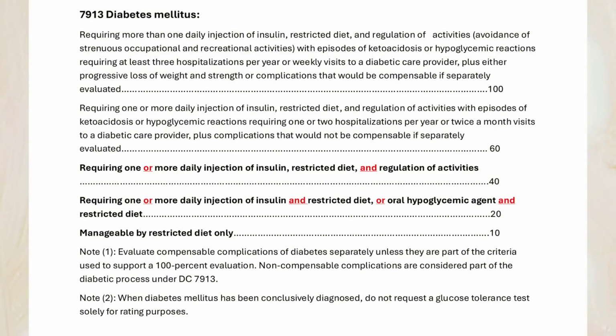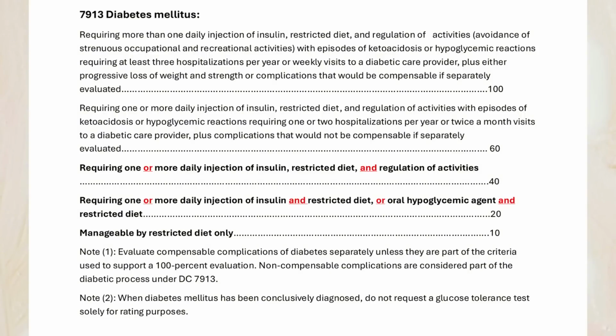If you are claiming an increase, let's just say you're at 10% and you meet the 40% criteria, you put in that lay statement verbatim what we see right here. For the 40%, it says requiring one or more daily injection of insulin, restricted diet, and regulation of activities. You need all three to meet the criteria for 40%.